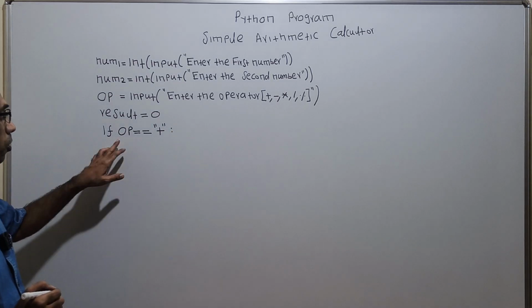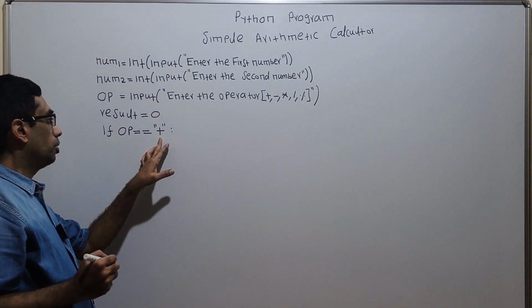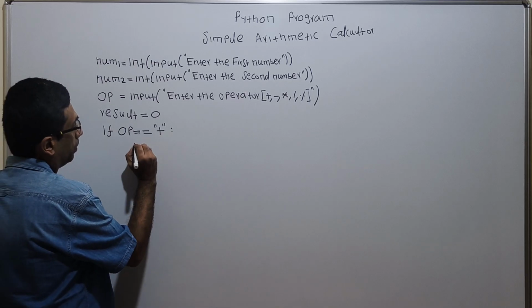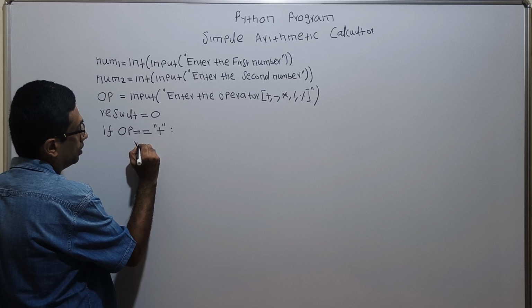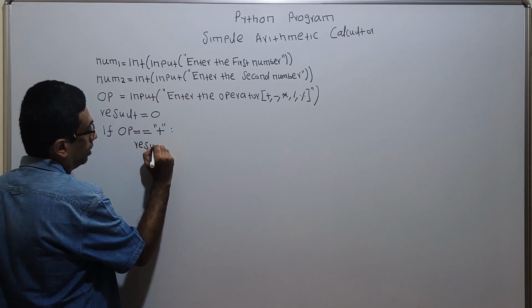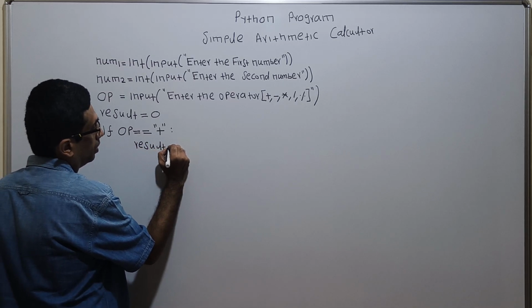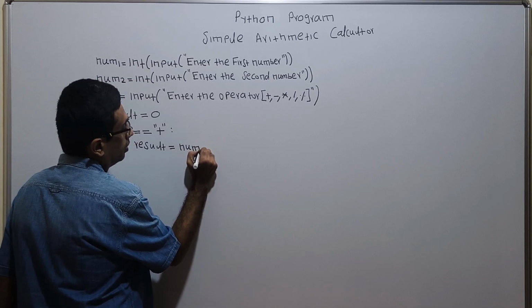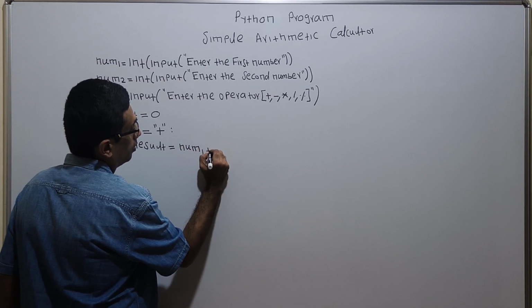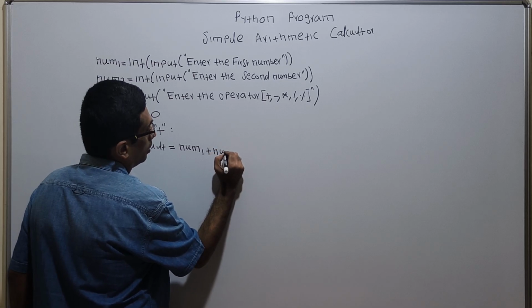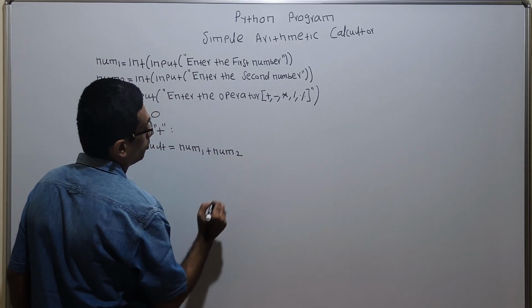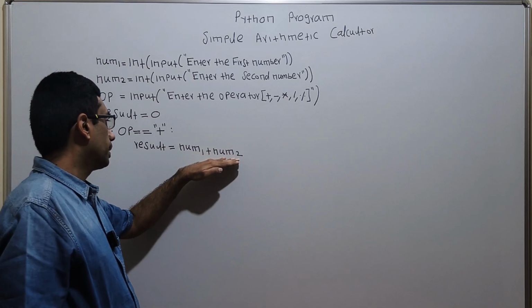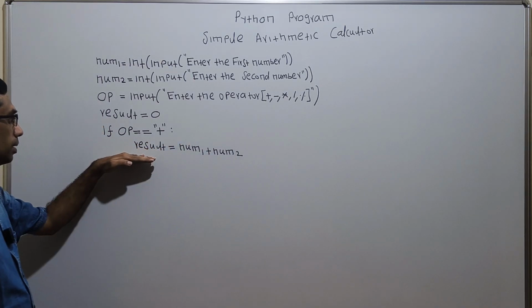The value of the operator op is equal to plus. If this condition is true, I am performing an arithmetic operation: result = num1 + num2. So the values of num1 and num2 are added and stored in the variable result.